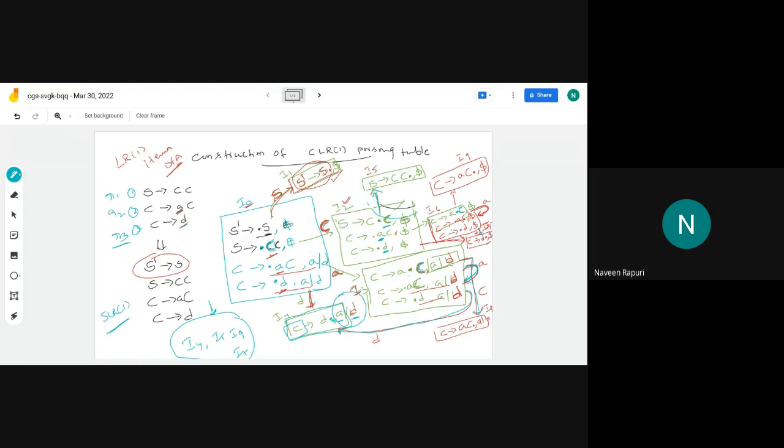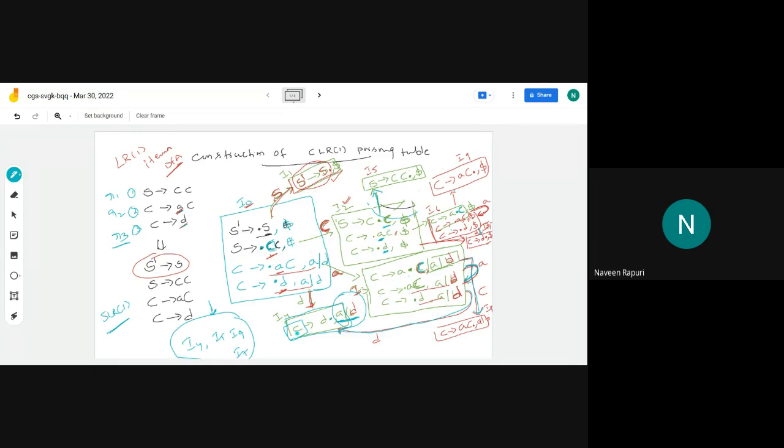But here we need not find follow of C, we directly place the reduce actions at the look ahead symbols. That is the importance of the look ahead symbols, to place the reduce actions.